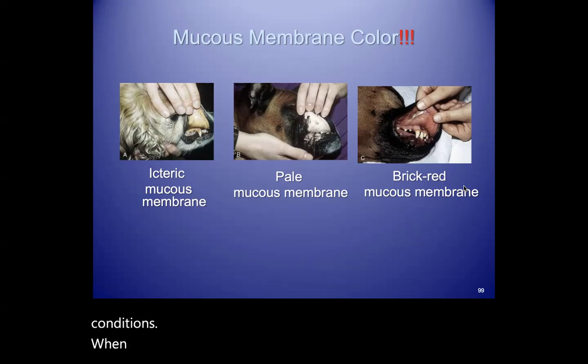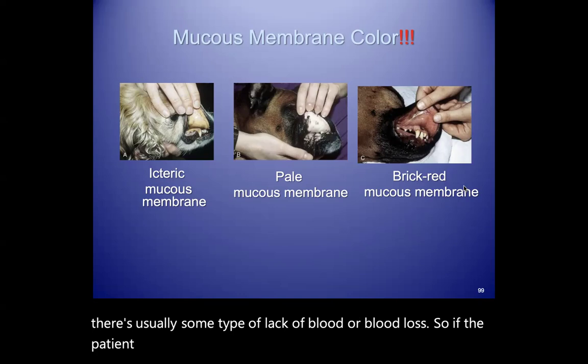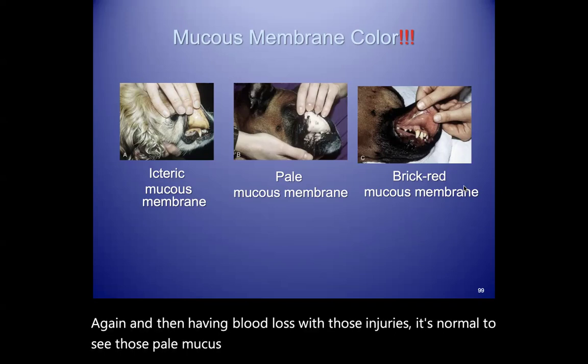When we see pale mucous membranes, this is usually anemia. There's usually some type of lack of blood or blood loss. So if the patient came in due to traumatic injury, and then having blood loss with those injuries, it's normal to see those pale mucous membrane color when there's been adequate blood loss.